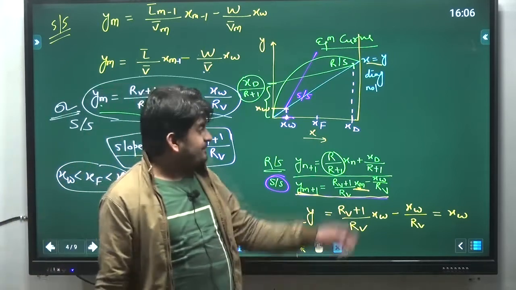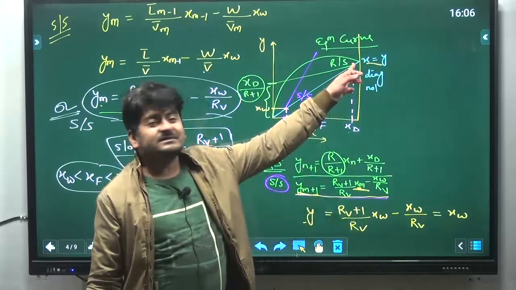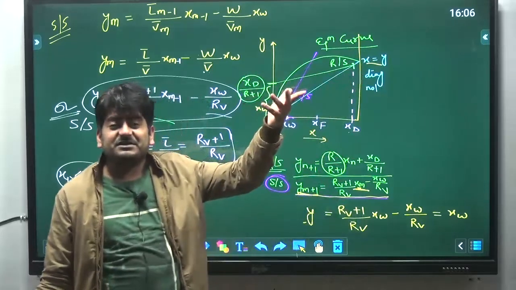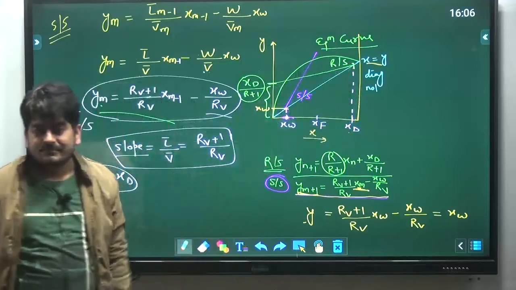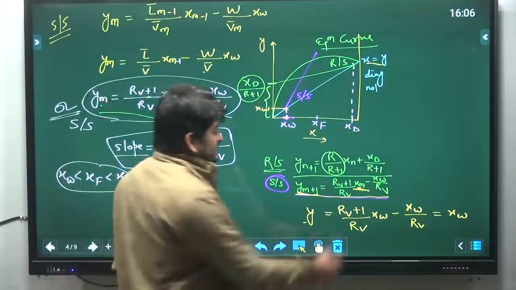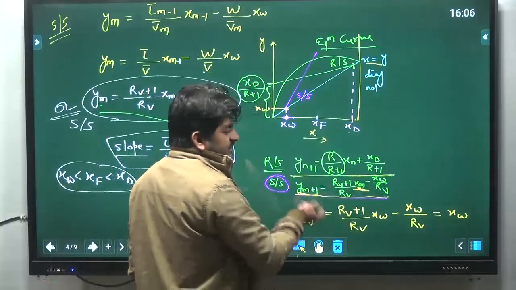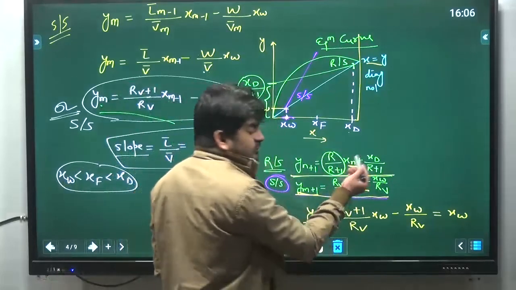Similarly, you can see for xd why the operating line of the rectifying section starts from the x-y diagonal. Here in this equation, just put x equal to xd.